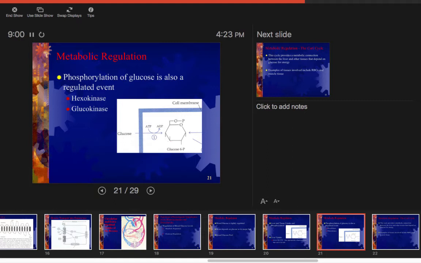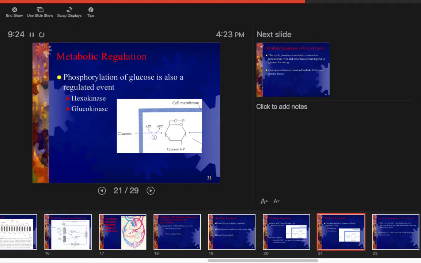GLUT4 has a low Km. Hexokinase has a low Km. Okay, so again, there's that pairing to make kind of a metabolic, appropriate response metabolically.